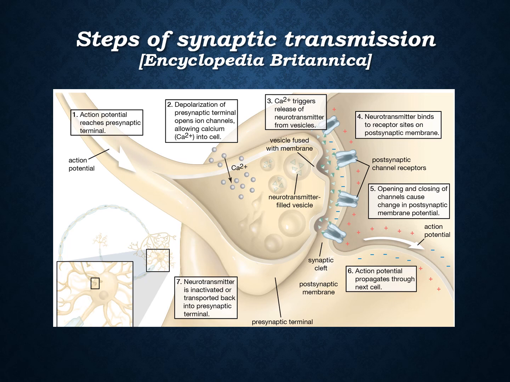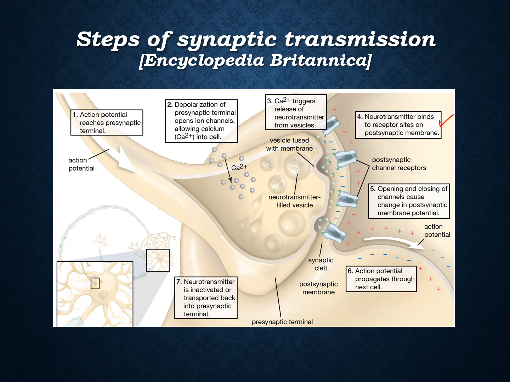Calcium triggers release of the neurotransmitter from vesicles. Point number 4, neurotransmitter binds to receptor sites on the postsynaptic membrane. We are starting from here because this is part 2 of the synaptic transmission discussion. In part 1, we have already covered the first 3 points. So from point number 4, we have started our discussion.